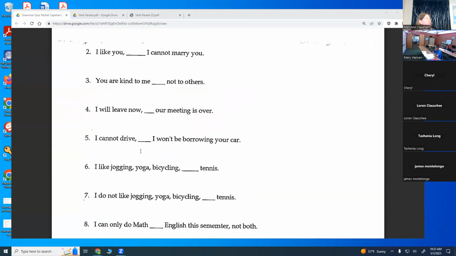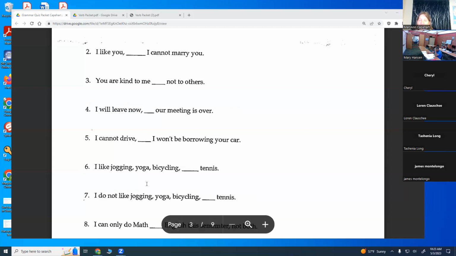No, no, that's too many negatives. I say but. So, I cannot drive, nor I won't be. It would be, I cannot drive, nor will I be. There's too many negatives in one sentence. What's another one we could use there? So, I won't be borrowing your car.